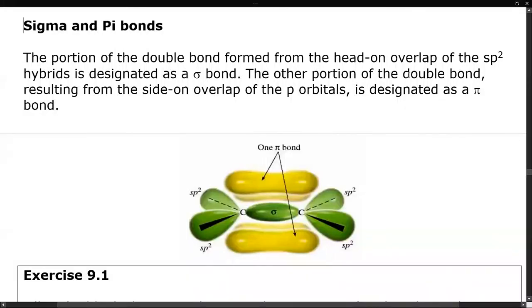So, sigma and pi bonds. A sigma bond is a head-to-head overlap of the orbitals, where a pi bond is a side-to-side overlap of the p orbitals in our case. And so what often happens is that a single bond just represents sigma.